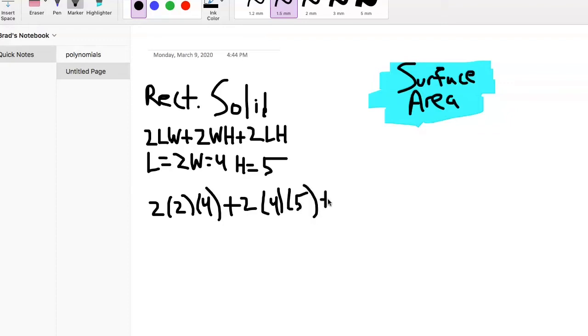And one more. 2 times the length times height. Length is 2. Height is 5. Okay, and after that, again, it's just a plug in.